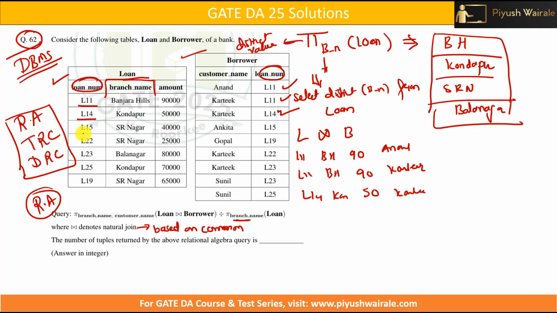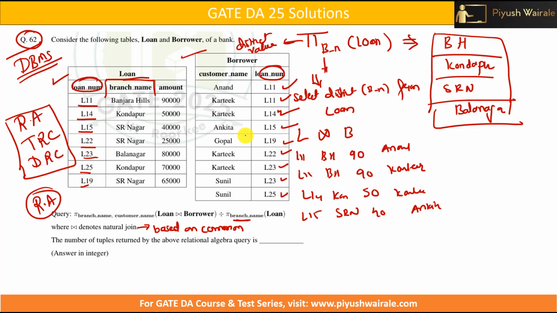Then we have L15, which is only here: L15, SR Nagar, 40,000, and then Ankita. Now L22, L23, which will get joined 2 times, and then we have L25 and L19 as well.